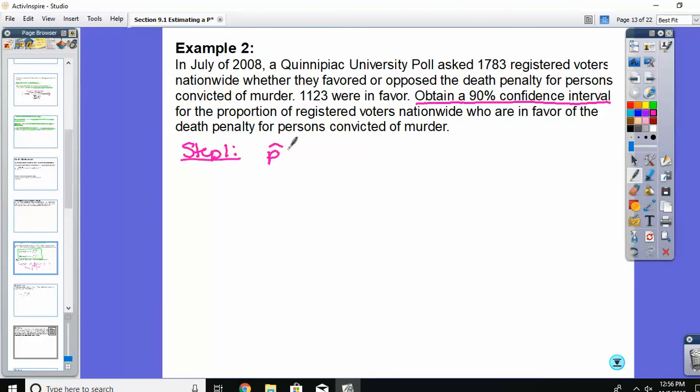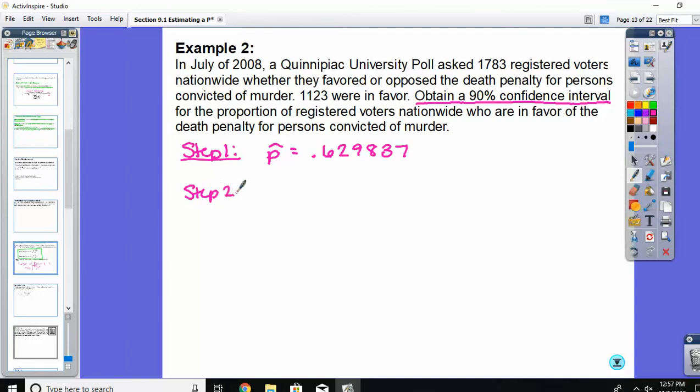And what did we get for our p-hat on example 1? Oh, it was 0.63, is that right? Okay, so we got that just by doing the 1,123 out of the 1780. So that's our point estimate.